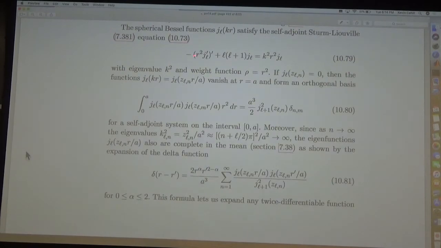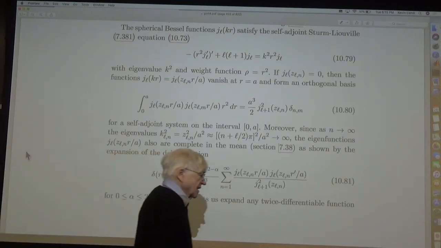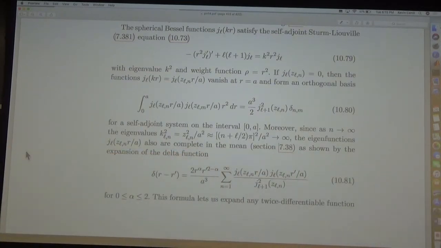The system is specified by L, and the eigenvalue is specified by n. And these eigenvalues go as (n plus L over 2) squared. And so they go to infinity, which means the j_L's are complete. And in fact, here's a formula for the delta function.